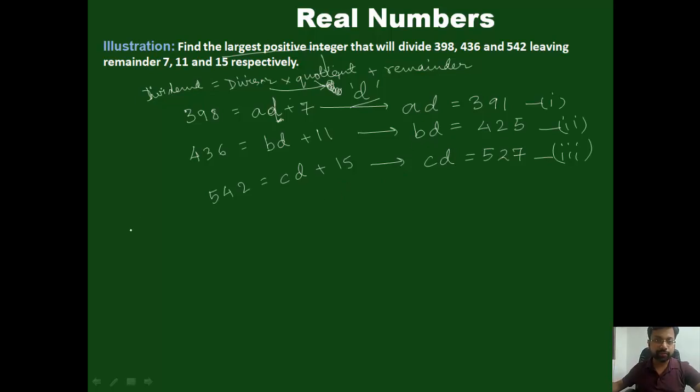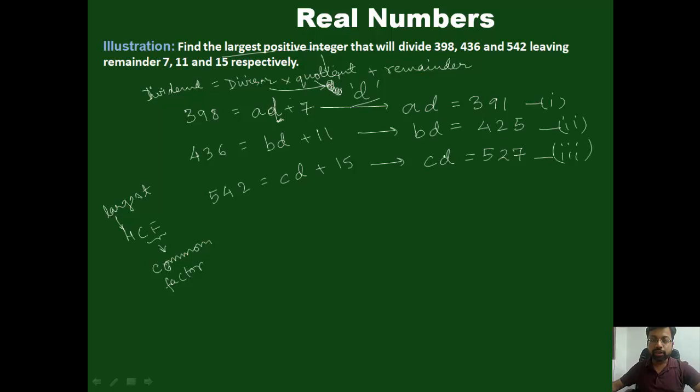What is HCF? HCF is the highest common factor, where highest and largest mean the same thing, and CF is common factor. Any number that's the highest common factor of a given set of numbers is going to be the HCF.